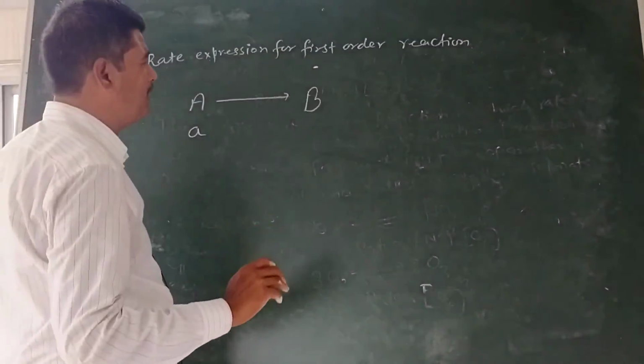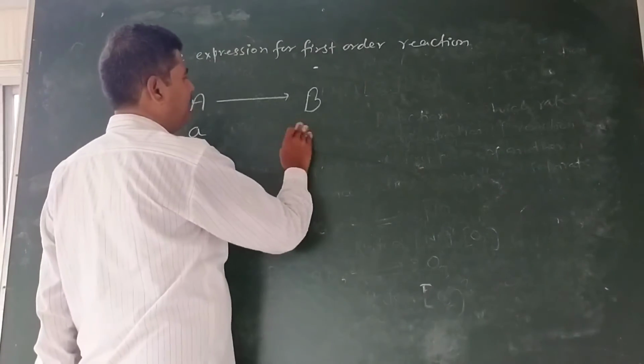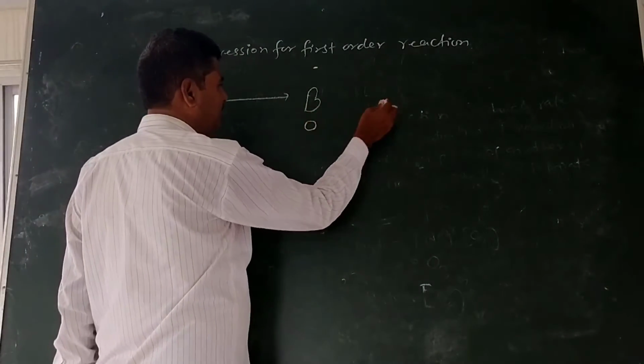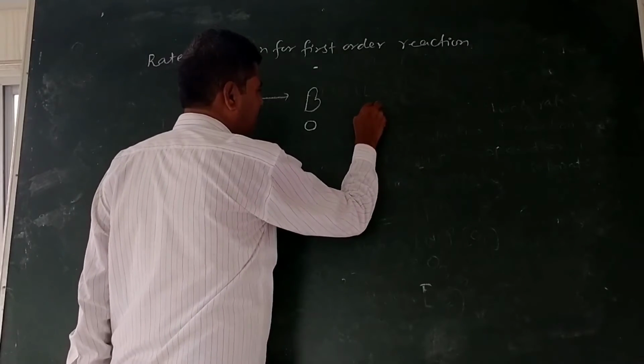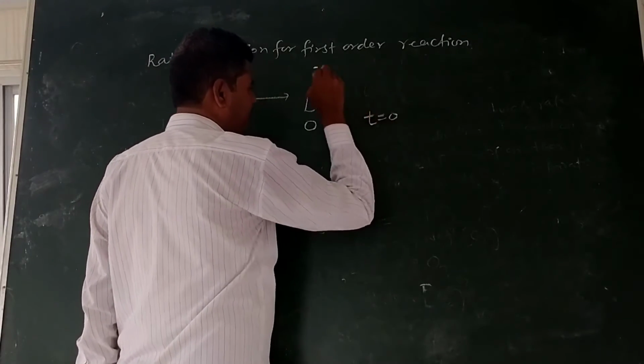Initially no product is obtained. The concentration of product B would be 0 initially, that is at t equal to 0.